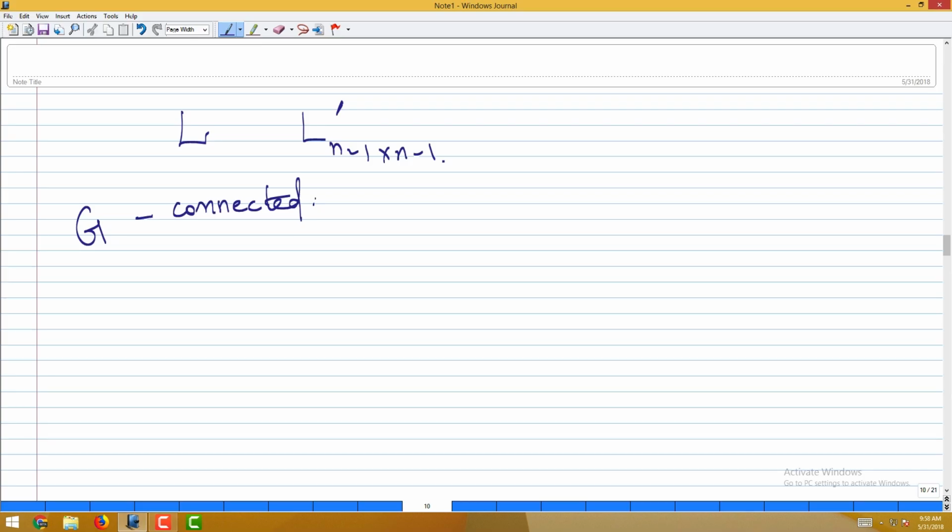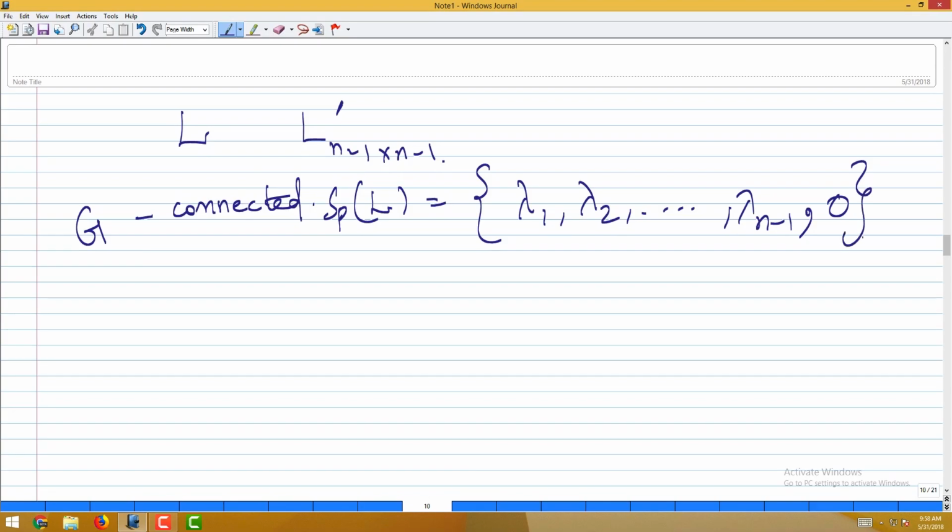So, if G is connected, let me also fix all these things. Let our spectrum be lambda 1, lambda 2 up to lambda n minus 1, and since G is connected I will have a 0 eigenvalue. I am not talking about multiplicity, let us just list out every possible eigenvalue.